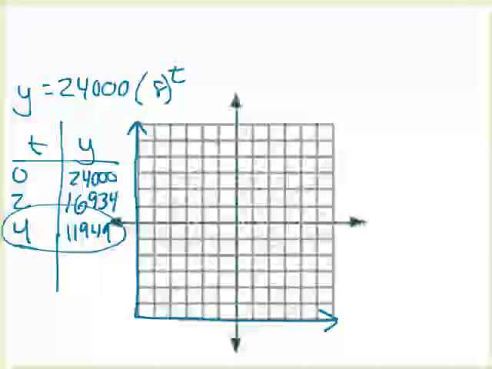When we plot these, we'll need to choose an appropriate scale. I think about 2,000 should do it, that we can get all of this in. So I'll count by 2s here, really counting by 2,000s. So then as we plot our points, I plot 0 years, 24. 2 years, right about 17.